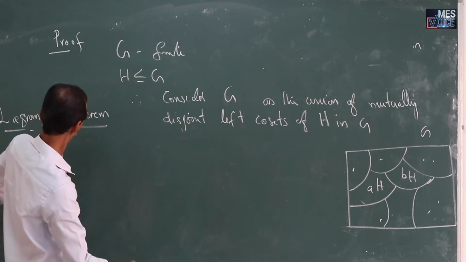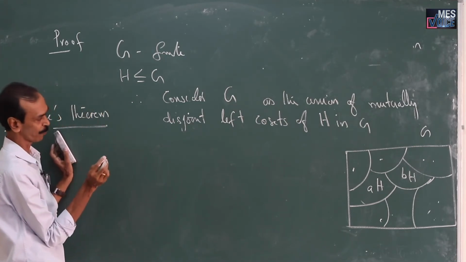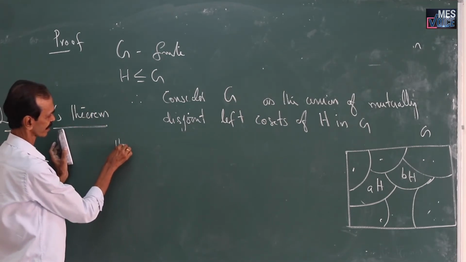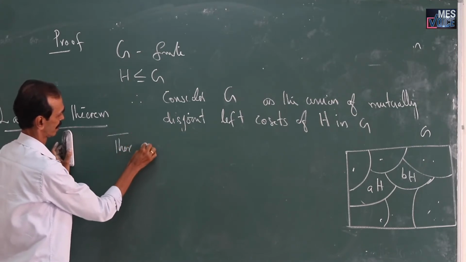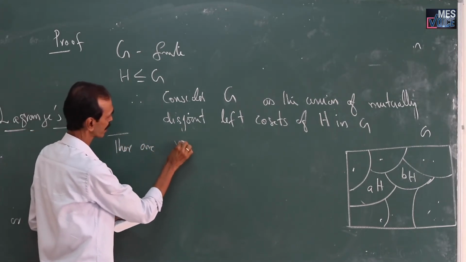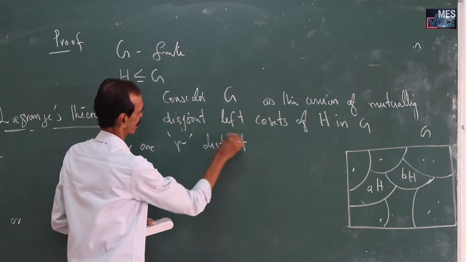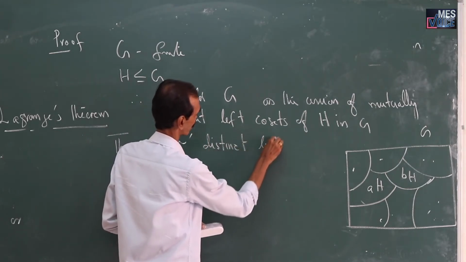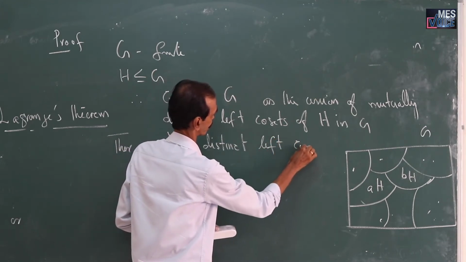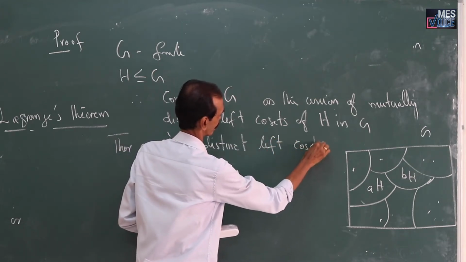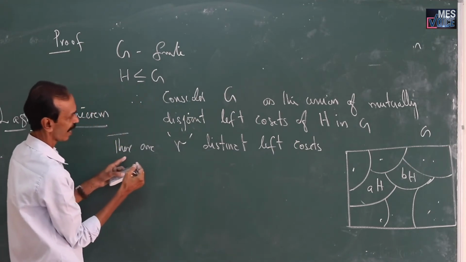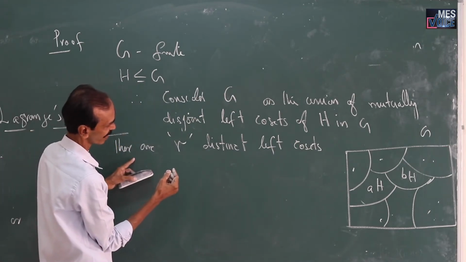Look, let us now suppose that there are R distinct left cosets.